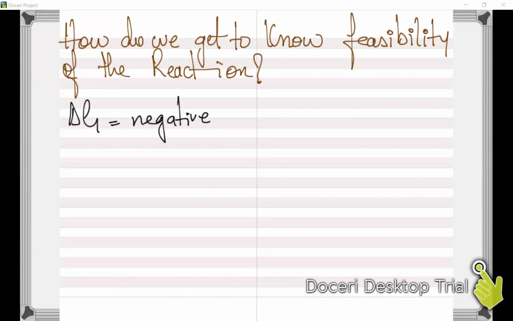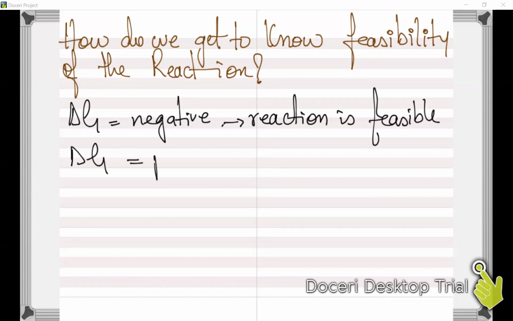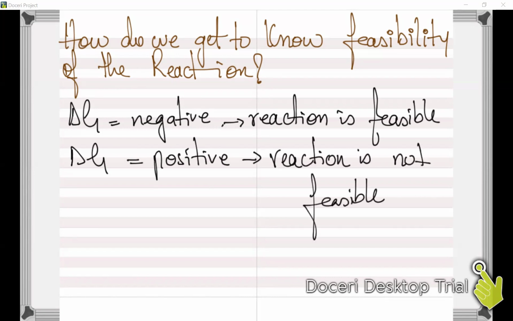If the delta G value is negative, the reaction is feasible. It is possible to happen. Remember this: if delta G is positive, the reaction is not feasible. There are two possibilities: either delta G is positive or it is negative. If delta G is negative, we say the reaction is feasible, and if delta G is positive, the reaction is not feasible.